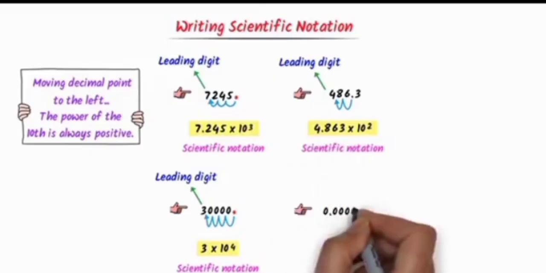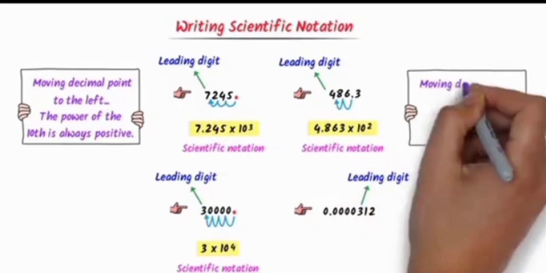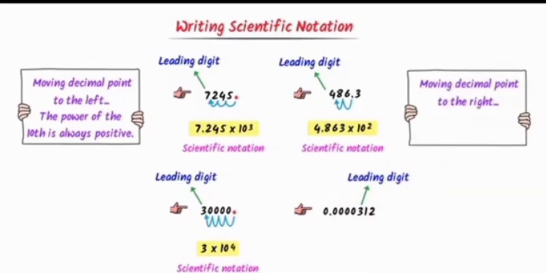Now consider this number. Remember that 0 cannot be a leading digit. Let me repeat this important point. Remember that 0 cannot be a leading digit. So here the leading digit is 3. Now listen carefully. If we move decimal point to the right, the exponent will always be negative.